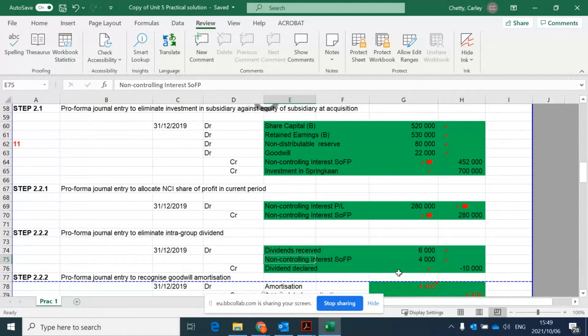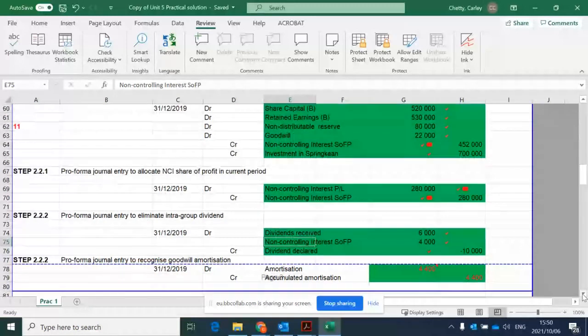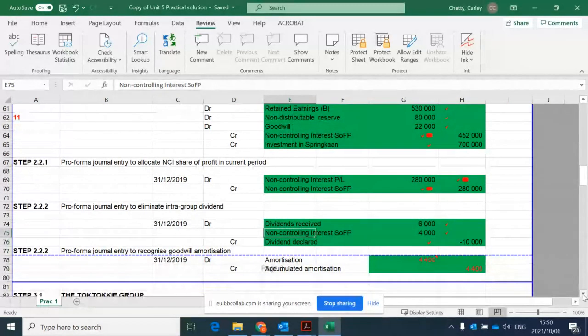So here we have eliminated the intragroup dividend. So now when you see the consolidated set of financial statements, you will not see the portion between the parent and the subsidiary.